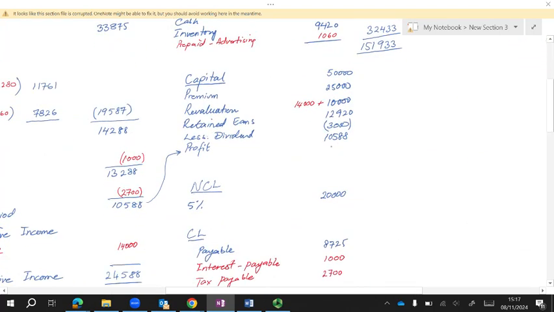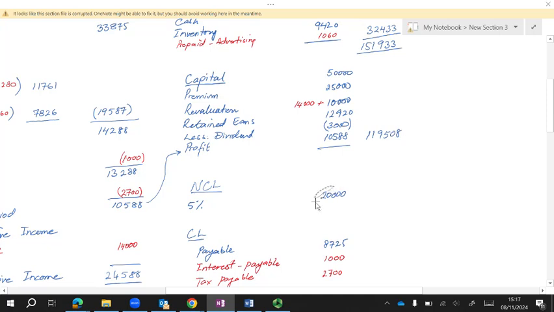Next, let's add all our capital. 50,000 plus 25,000 plus 14,000 plus 10,000 plus 12,920 minus 3,000 plus 10,588 will give me 119,508.